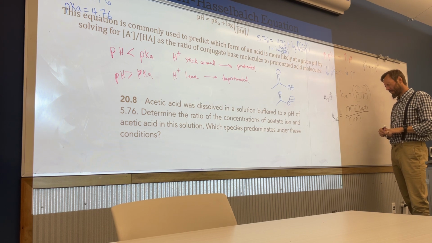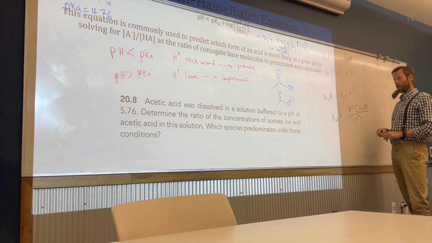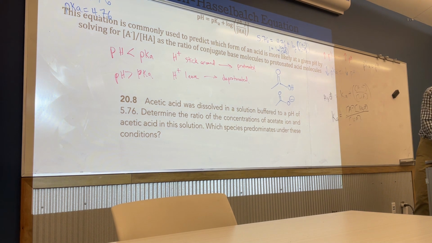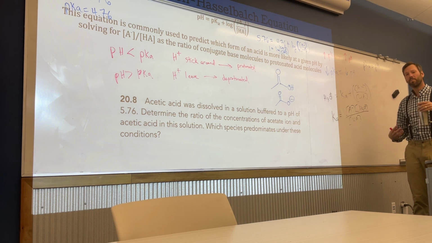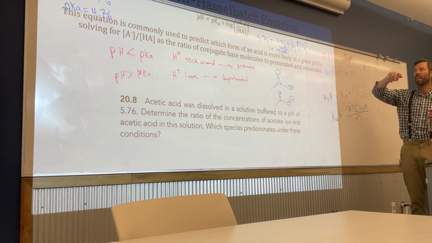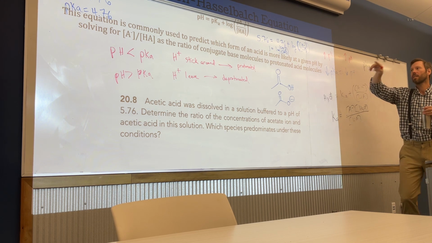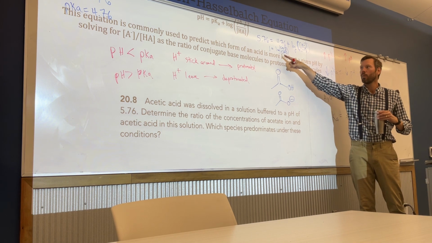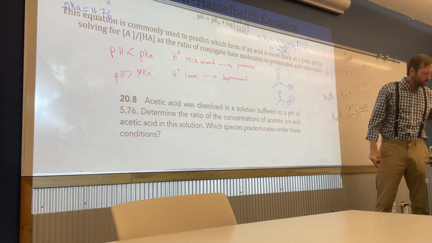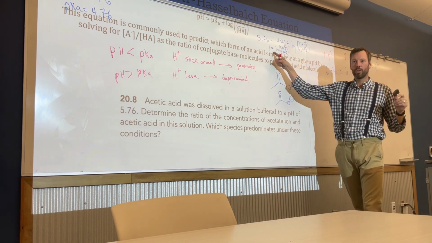Now, we want to get rid of that log. In this case, with pH, the pK is base 10. So if we take 10 to the power of this, we wipe out that log. And whatever we do to that side, we do to the other side.